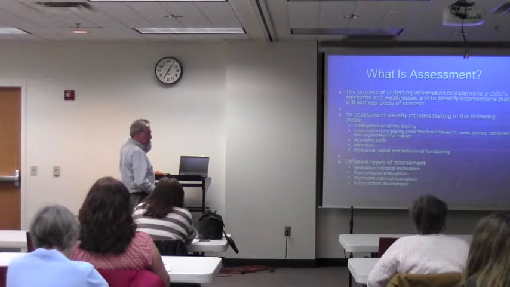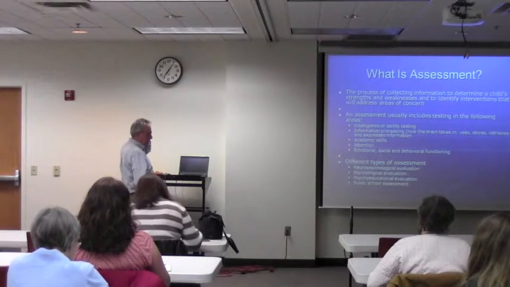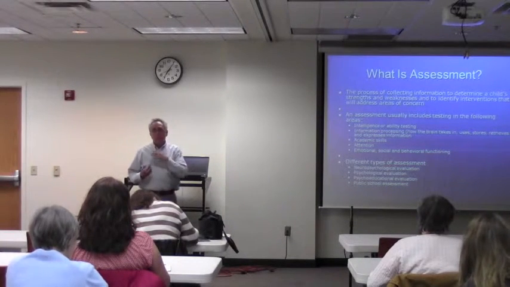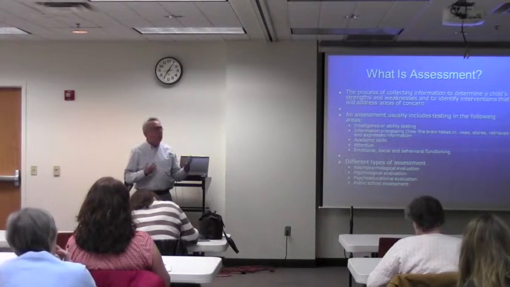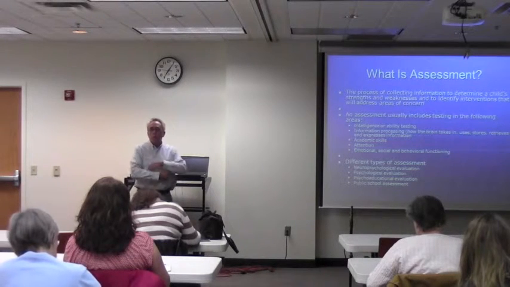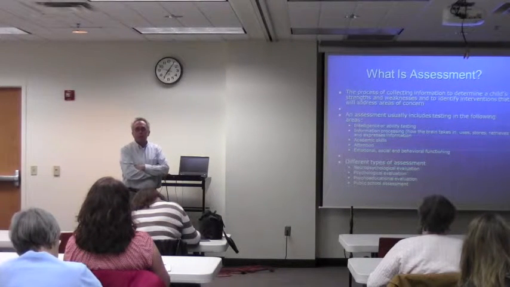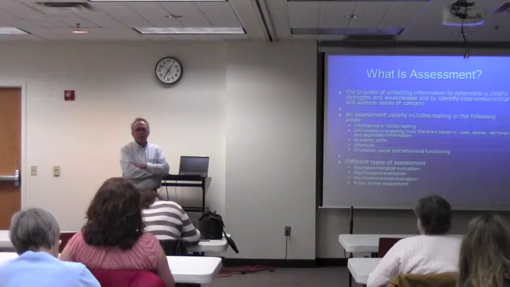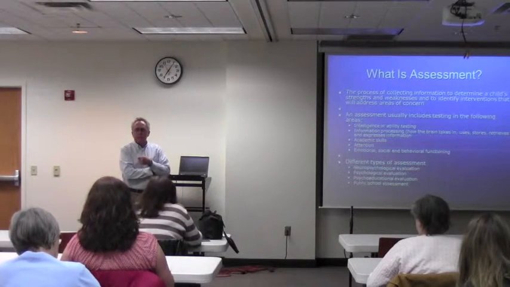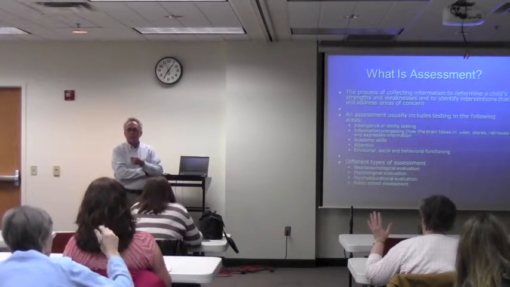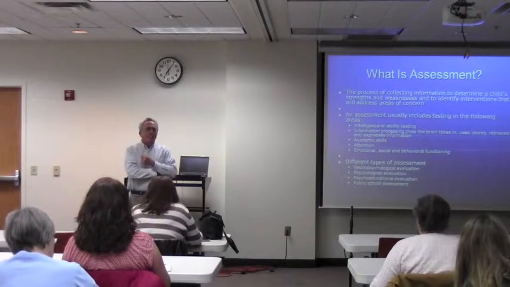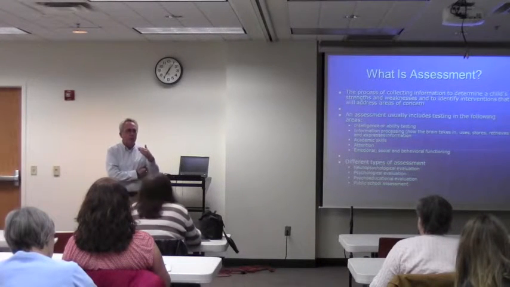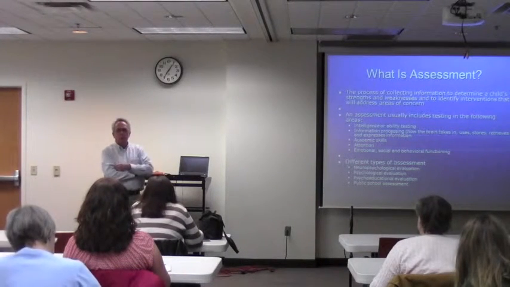And then you also look at emotional and social and behavioral functioning, and of course that's done partly by interviewing the parents and asking them questions about those areas, but also rating scales pick up on those areas of functioning as well. How many of you have ever had to fill out rating scales on someone? Okay, so you can probably pick up on the patterns. Some of the questions are kind of repetitive, but maybe worded differently.